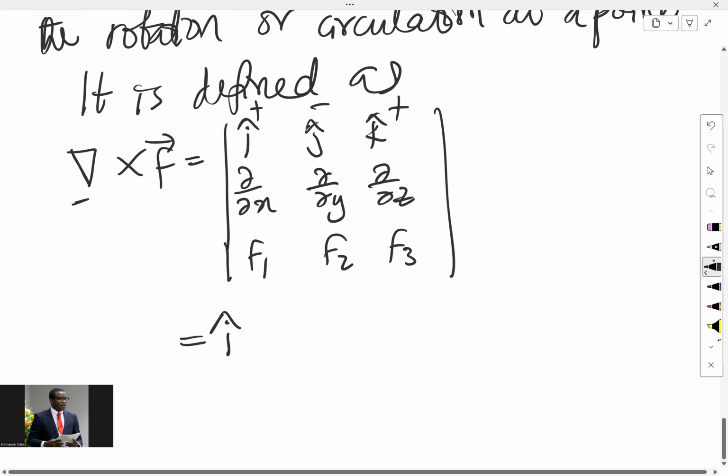You already know that this is plus, minus, plus normally. So you have I outside, cross the column, cross the row.